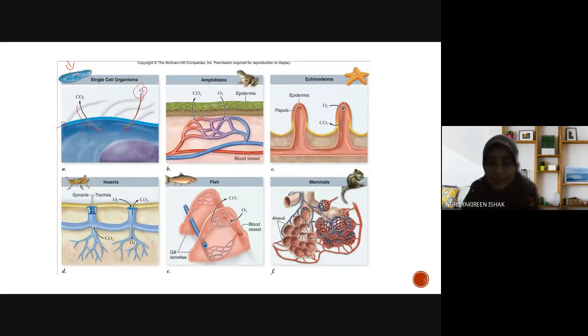Oxygen is the substance required for cellular respiration, and the product of cellular respiration is carbon dioxide. For amphibians, they depend on two organs, which are the skin and also the lungs.